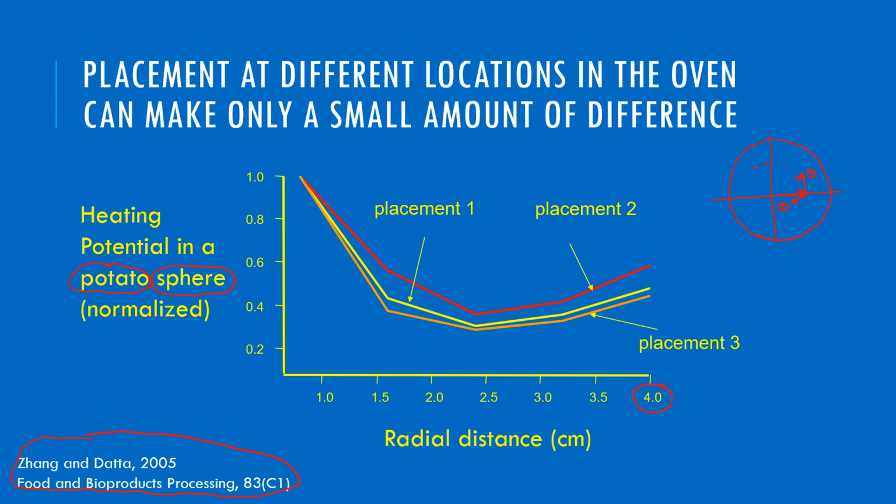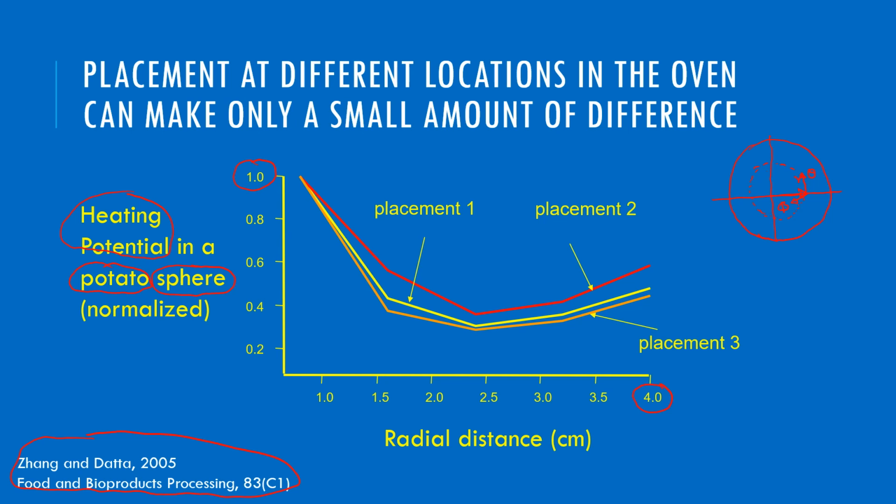So it's like we are going to average over all of the power deposition at radius r, and that's what this heating potential is that is plotted here, but it's also normalized by the maximum value, so it only goes up to 1.